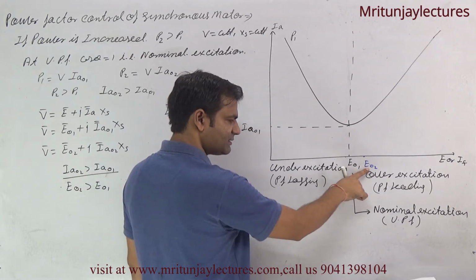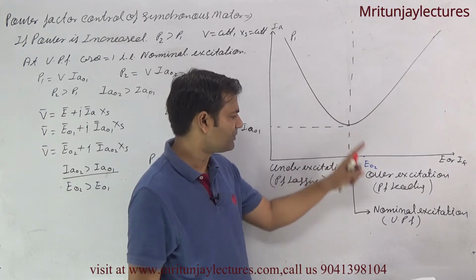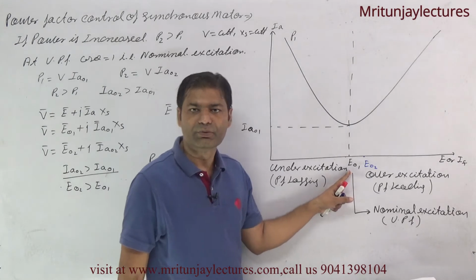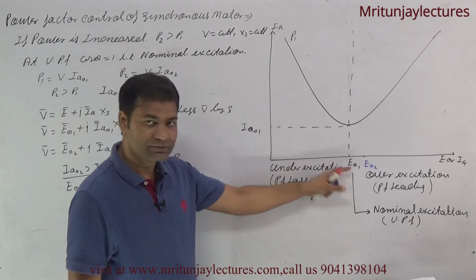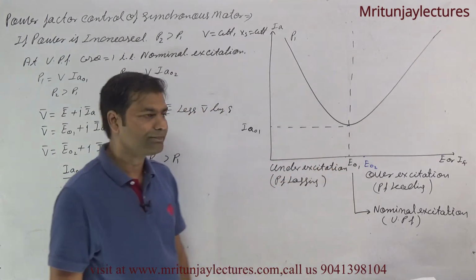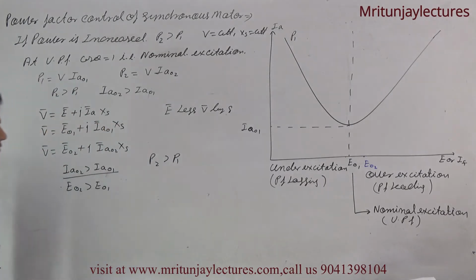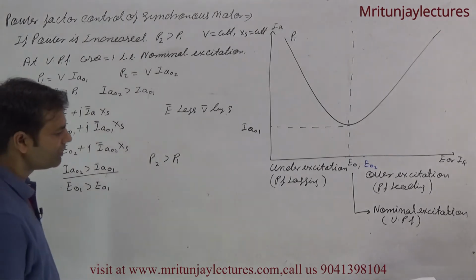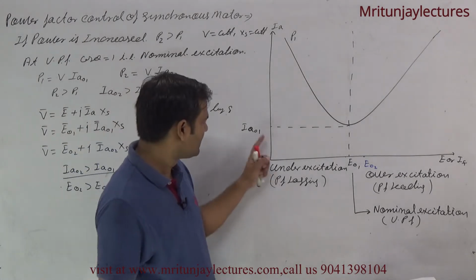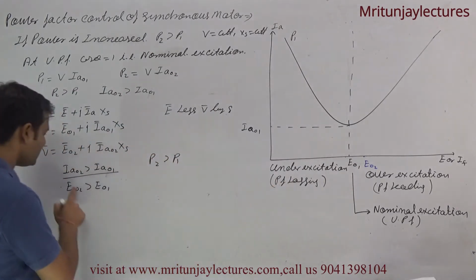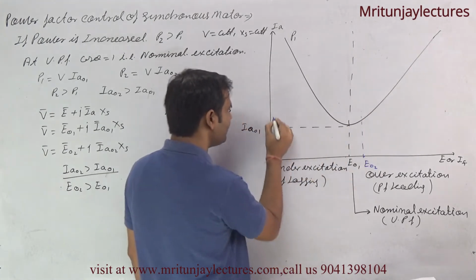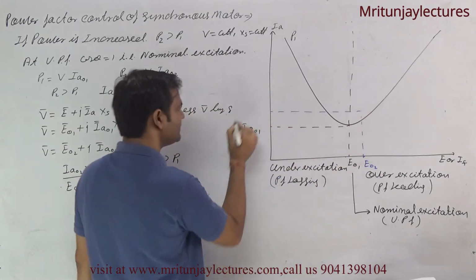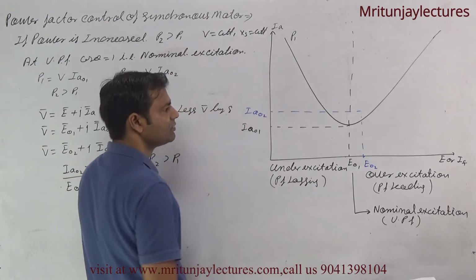This nominal excitation voltage E02 corresponds to power P2, which is greater than E01 corresponding to power P1. This current corresponds to this one, and for E02 you draw it like this. And the nominal excitation current also changes; it increases, so if you want to draw it, that is IA02.